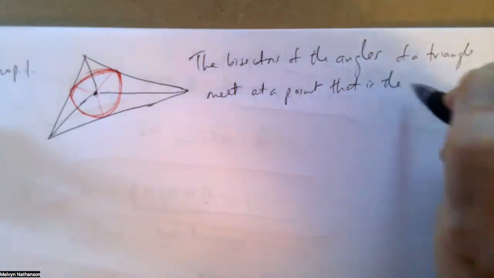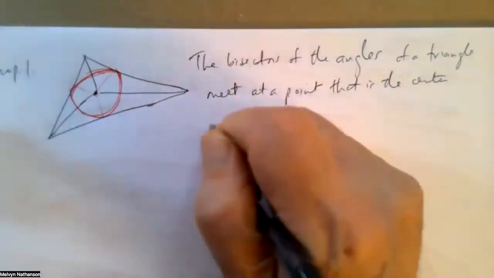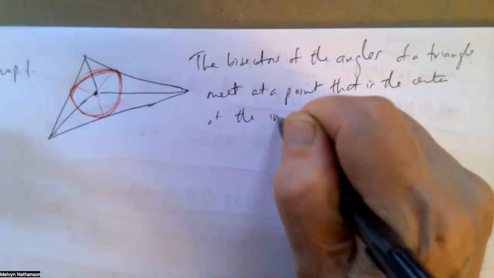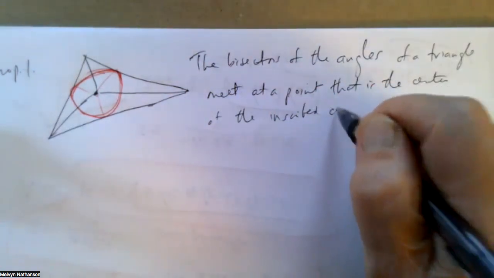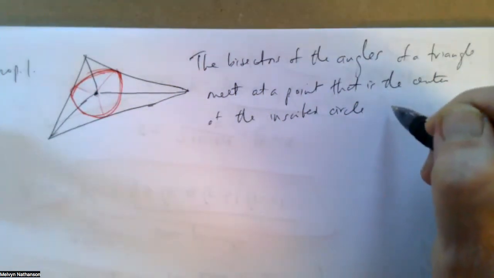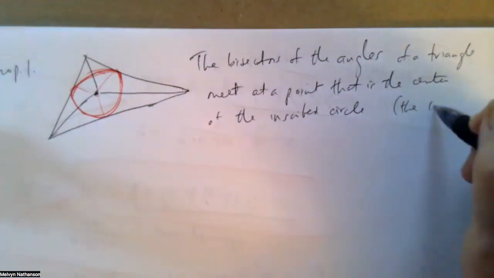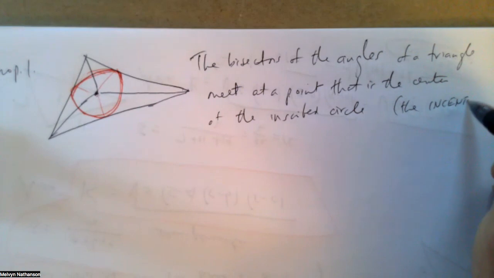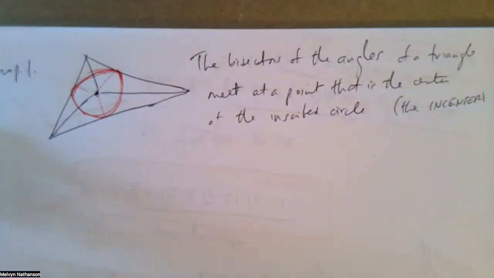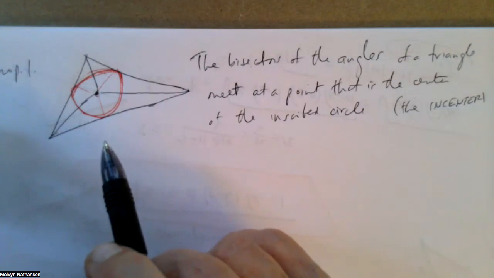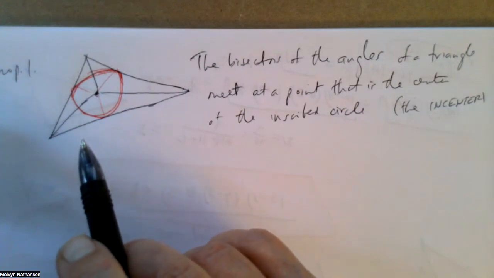That is the center of the inscribed circle of the triangle. And that point is sometimes called the incenter, which is not important, just that this point has a name. And it's not hard to prove this, but I'm not going to prove this yet.